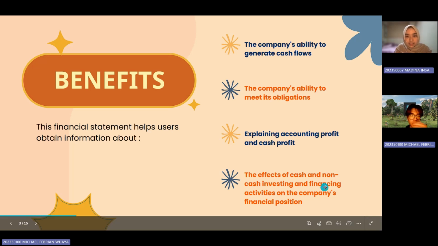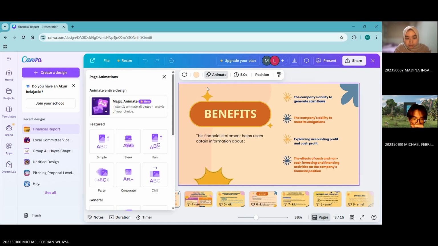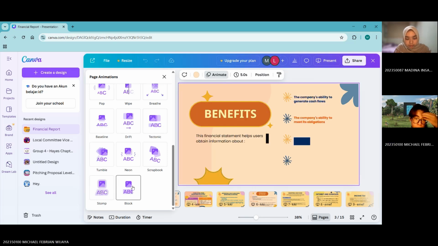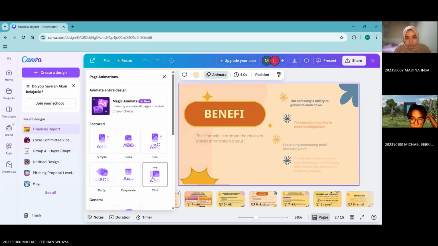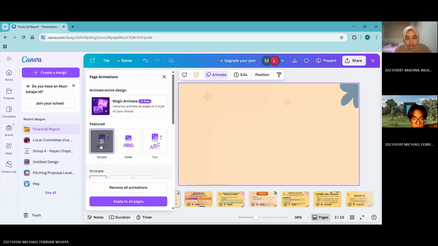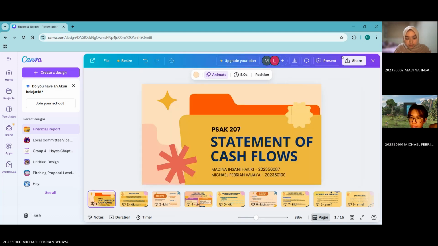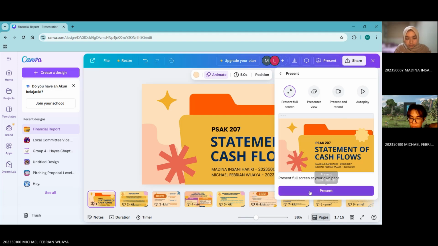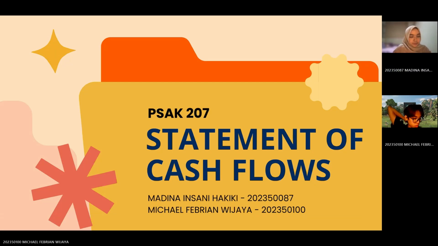Kayaknya kering banget deh ini. Kering banget ya? PPT-nya. Bentar.